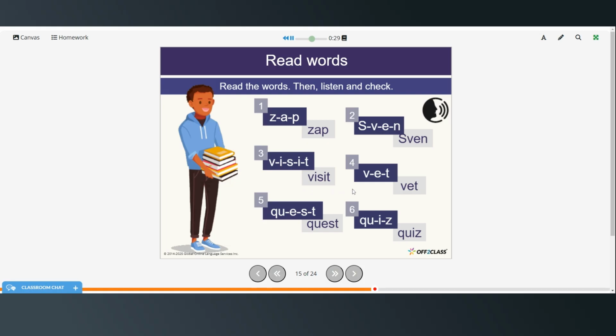Visit. V, e, t. Vet. K, w, e, s, t. Quest. K, w, I, z. Quiz.